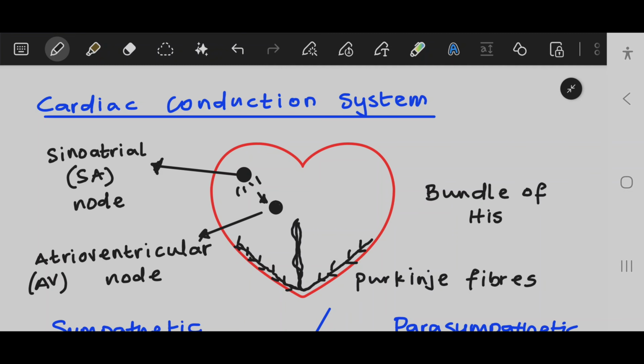So the impulse gets to the AV node. What does it do? The impulse actually waits at the AV node for a little bit. It delays there for a little bit. Why? Because it has to wait so that the ventricles fill. So that impulse that came from the SA node, when it was released, it caused the right atrium to actually contract and squeeze blood down into the right ventricle.